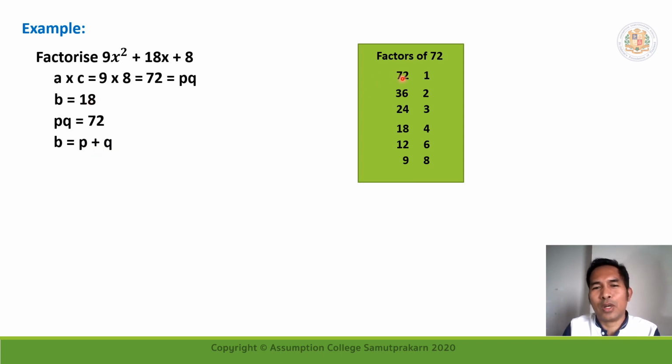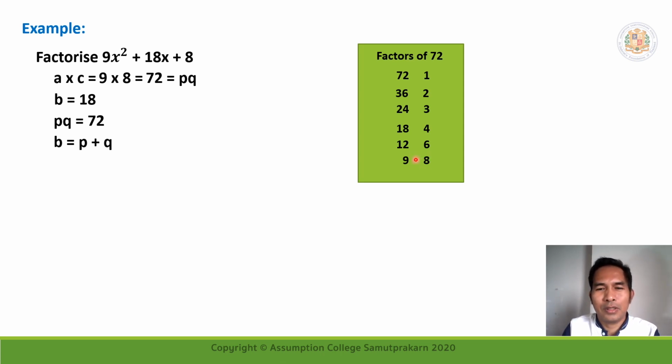So this one is 72, but when you add, this is 73. When you multiply this one, 72, but when you add, it gives us 38. How about this one? 24 plus 3 is 27. 18 plus 4 is 22. 12 plus 6 is 18, and 12 times 6 is 72. 9 plus 8 is 17.